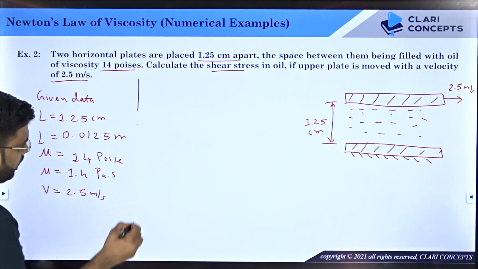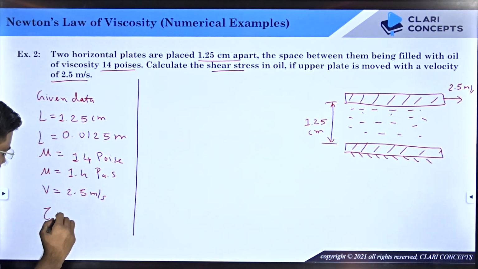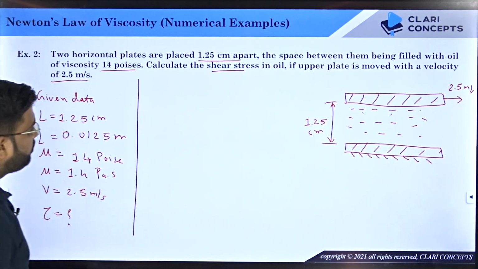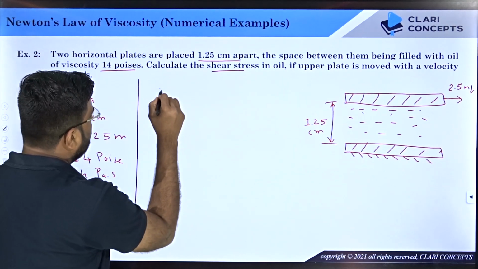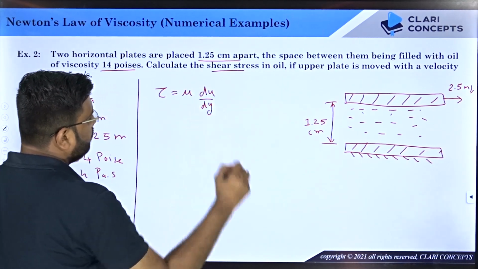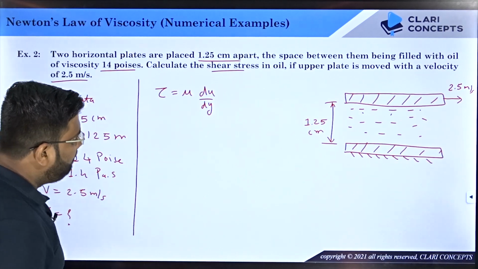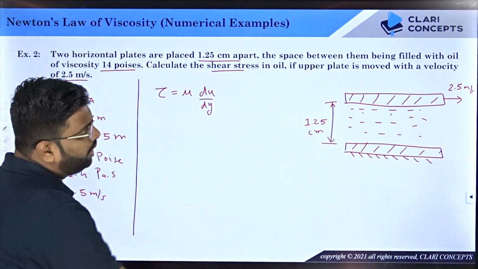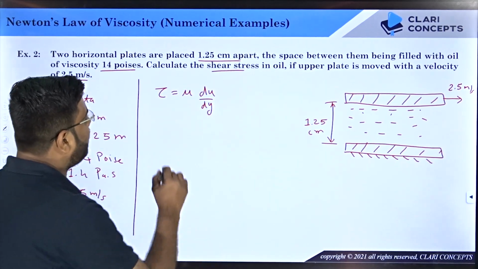Now see, you have been asked to find the shear stress, tau. As per Newton's law of viscosity, tau equals mu du by dy, isn't it? Now, since there is nothing mentioned about the profile, always assume a linear velocity profile.